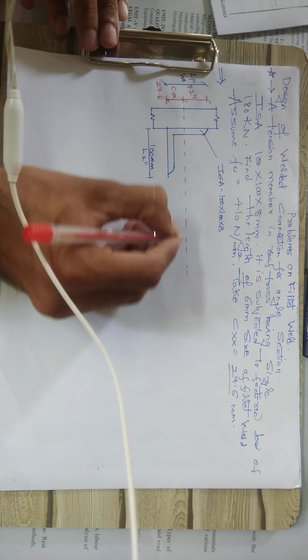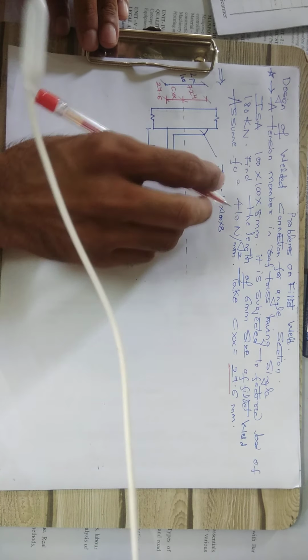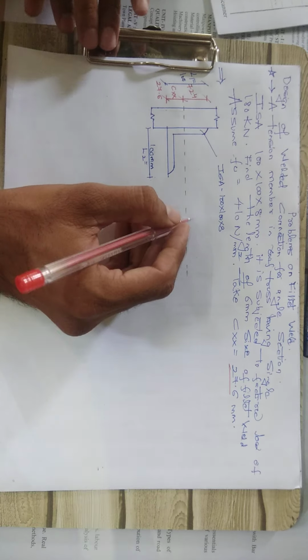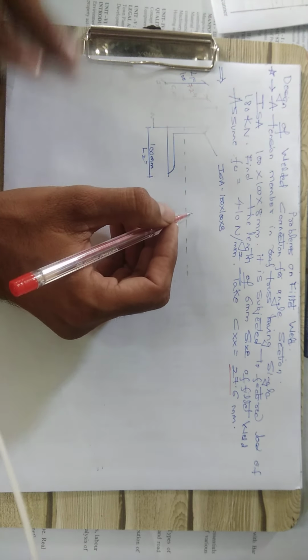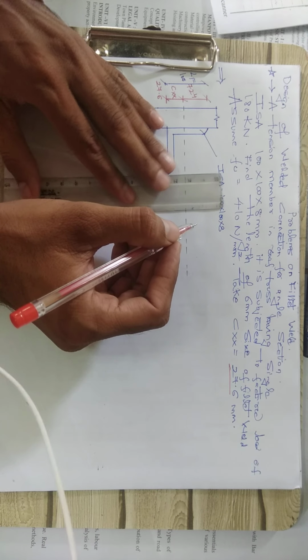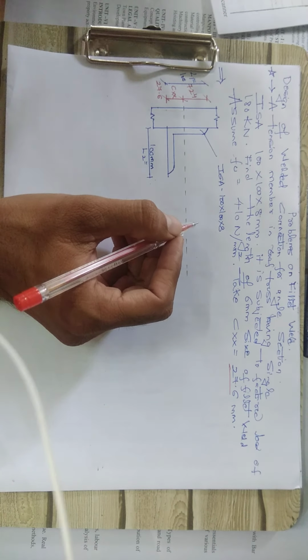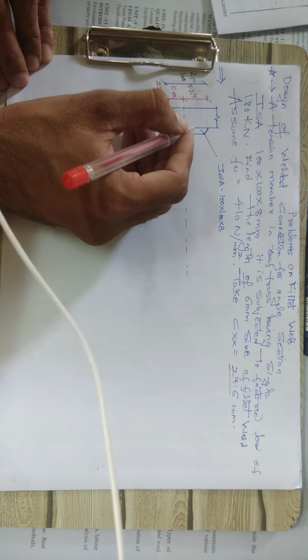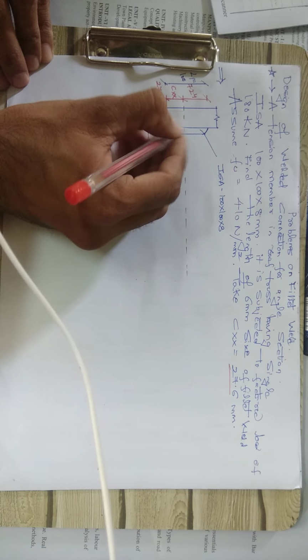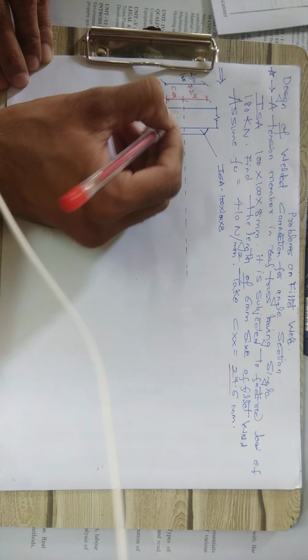At this point, the factored load will be acting. The total factored load will be taken care of at this point. Again, we will draw the welding part. L1 is connected with the gusset plate.